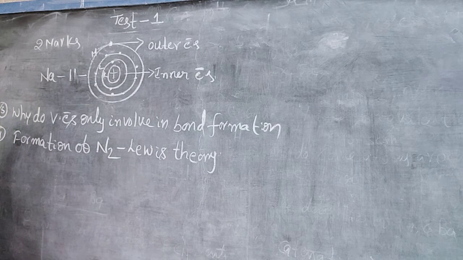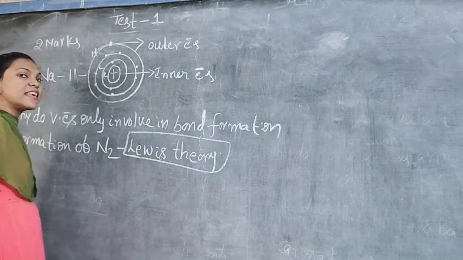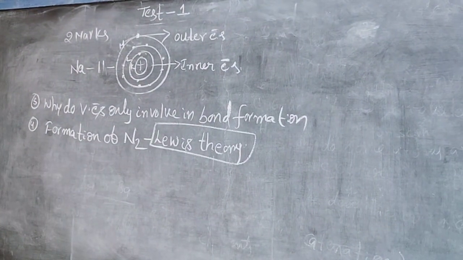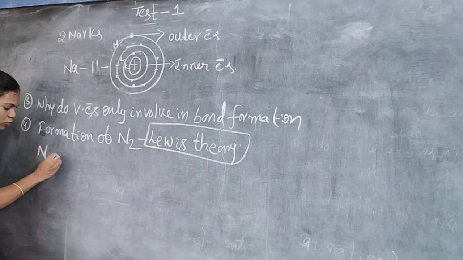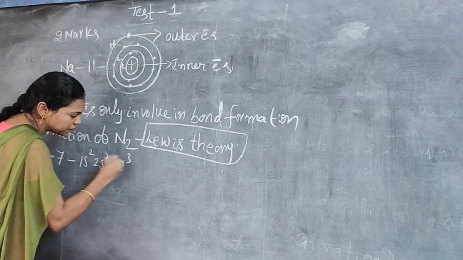Next: formation of the N2 molecule according to Lewis theory. Lewis theory means the dot method, and VBT, valence bond theory, means the diagram method. Nitrogen has atomic number 7, electronic configuration 1s2, 2s2, 2p3.